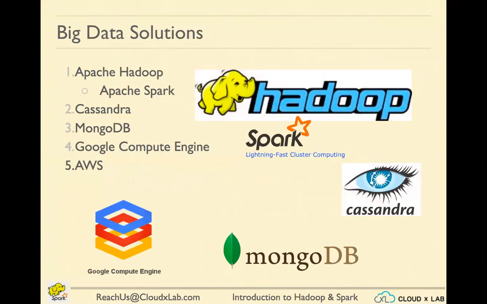Now, there are many big data solutions, such as Hadoop, Spark, Cassandra, MongoDB, Google Compute Engine, and AWS.